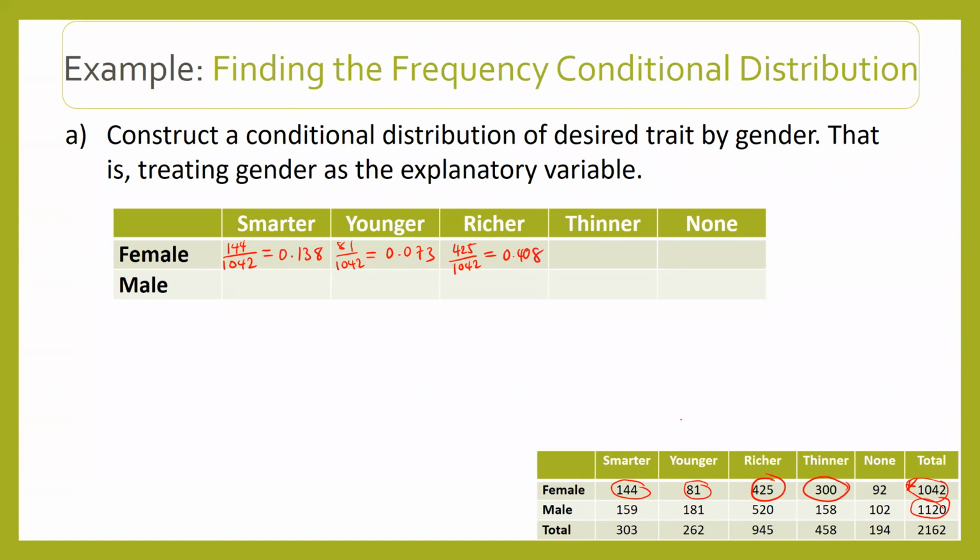The next one, the thinner, is 300 divided by 1042. That should be 0.288. And then none is 92 over 1042, which will be 0.088.